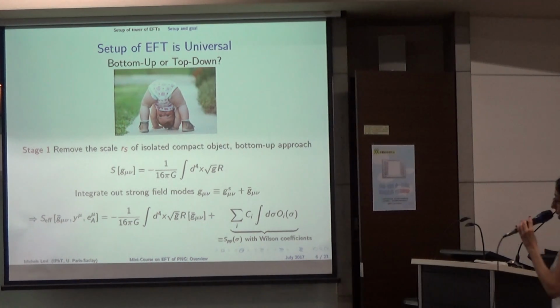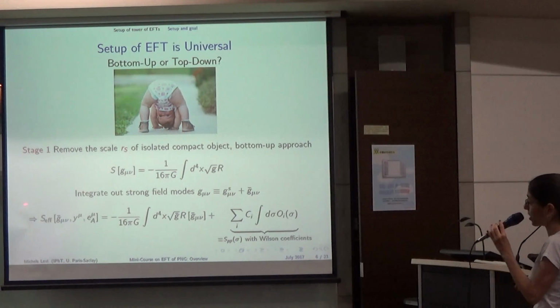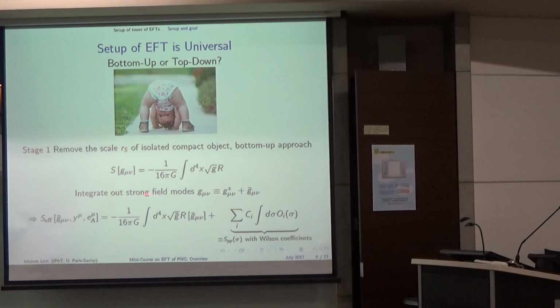And then the way that we construct the action in the bottom-up approach is that we just augment the original action with infinite operators, that basically we just build an action from scratch without knowing anything.